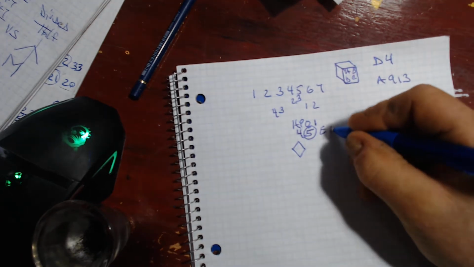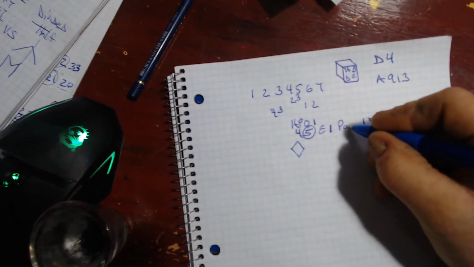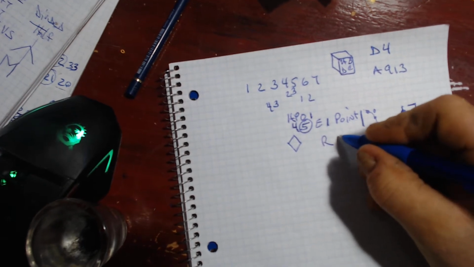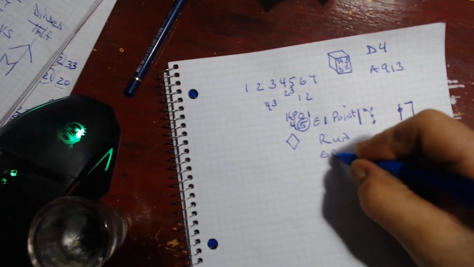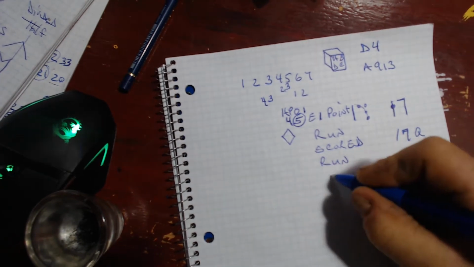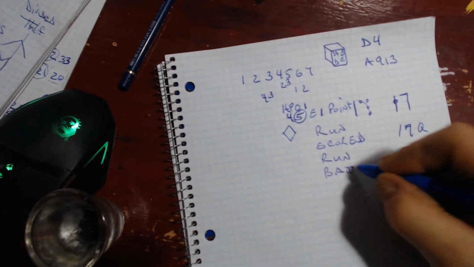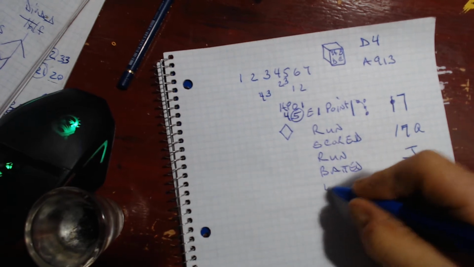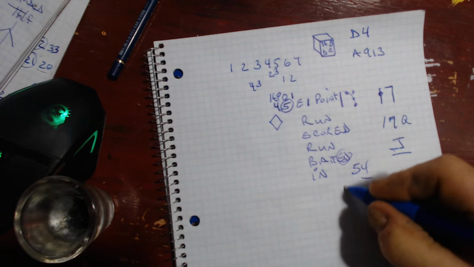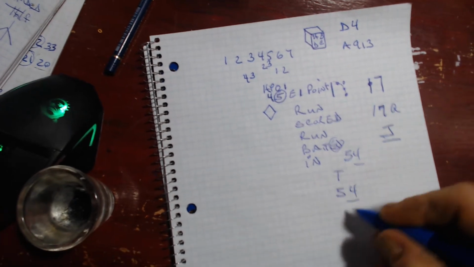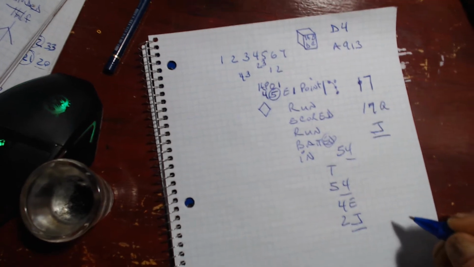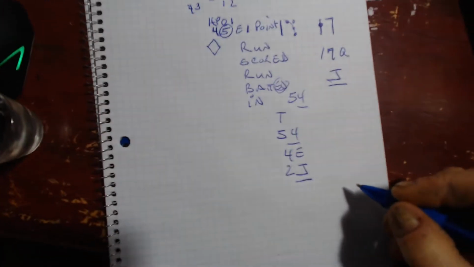It is the E world of the 1 point, or R, run scored, run batted in, and the ED is the sun. The TED is the 5D 4E, 2J equaling the 20 worlds.